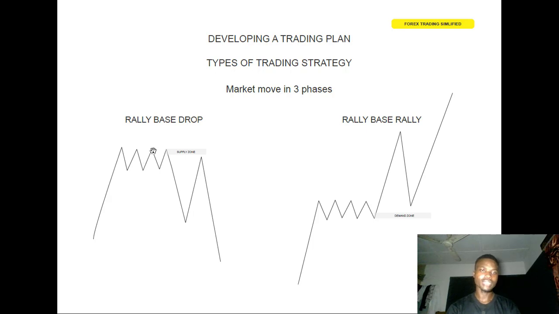And I told you that liquidity simply means where there are stop losses. Stop losses means funds that are sitting either below or above range markets. So when buyers got here, they were trying to seek more liquidity before they continue the movement.